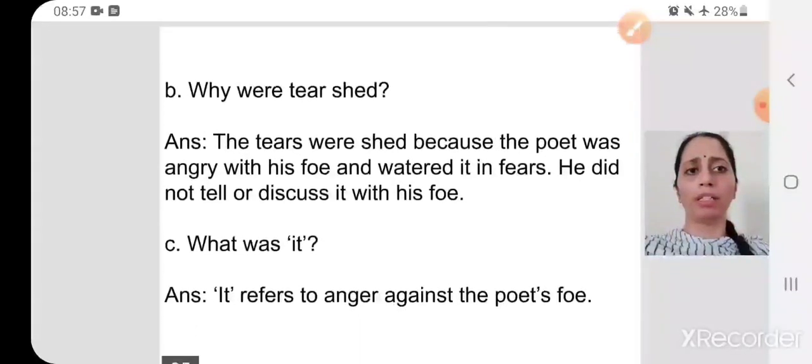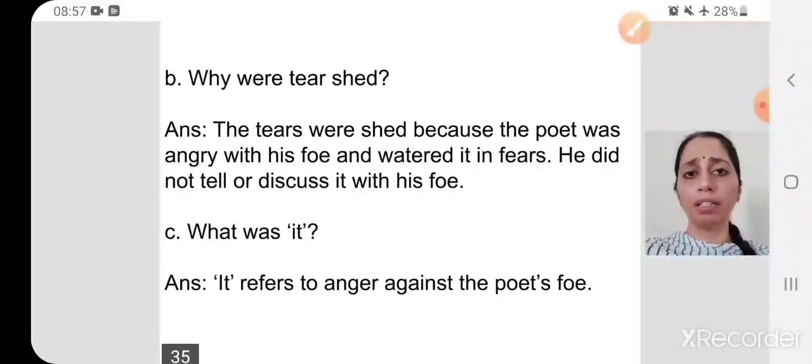Why were tears shed? Tears were shed because the poet was angry with his foe. Why would he cry? Because his foe had hurt him. And he watered it with fears. He did not discuss. Had he discussed it, everything would have been fine.